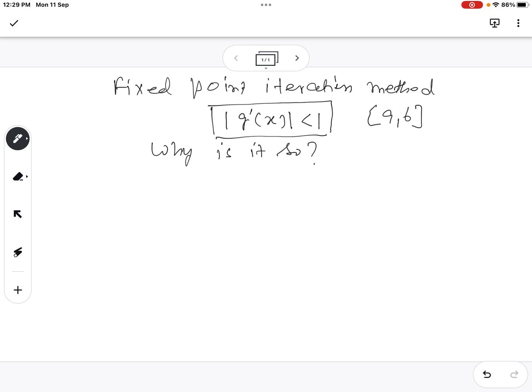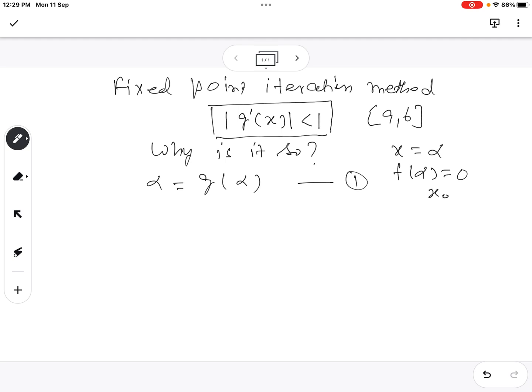So in order to understand this, let us say that at x equal to alpha the function value is 0. In other words, alpha is the root, and this can be written in equivalent form as alpha equal to g at alpha. Now in order to reach this root alpha, we start with some initial approximation.